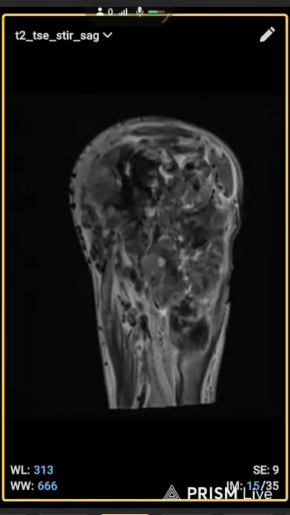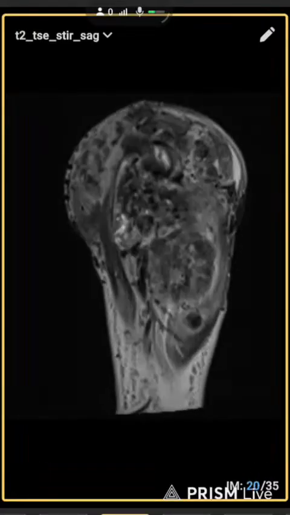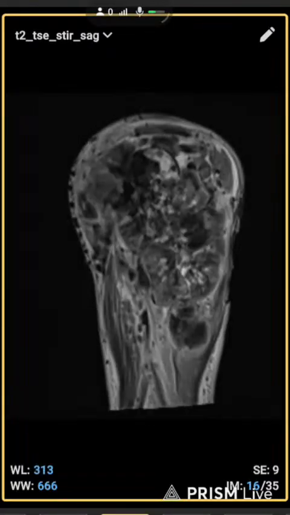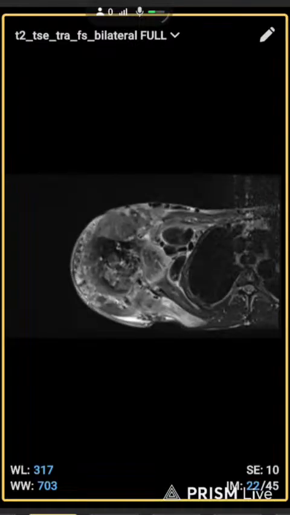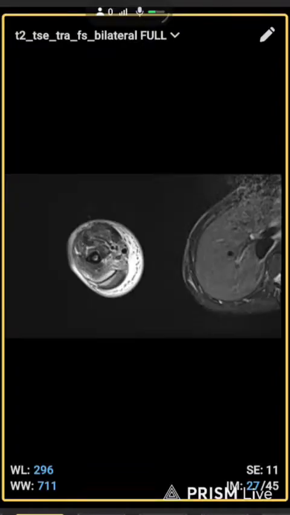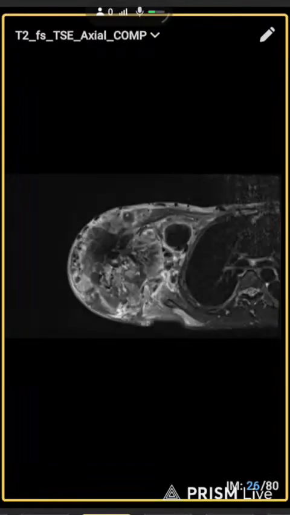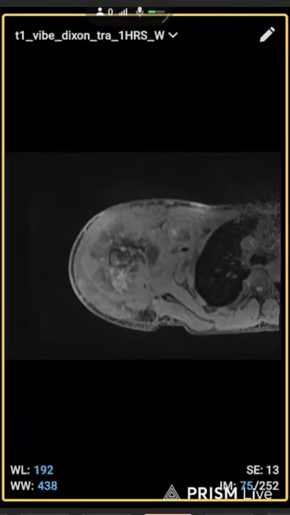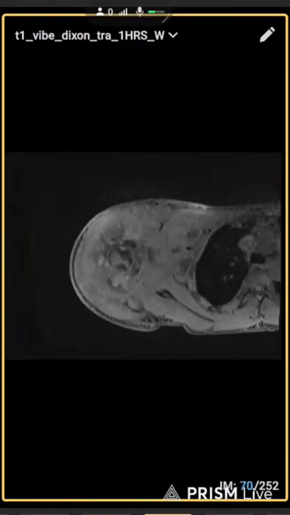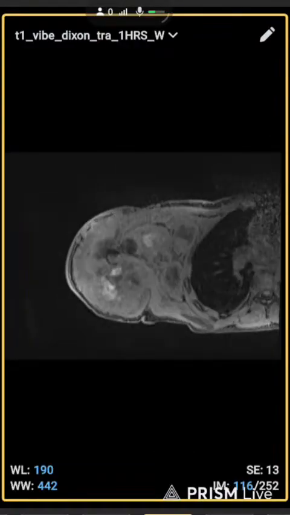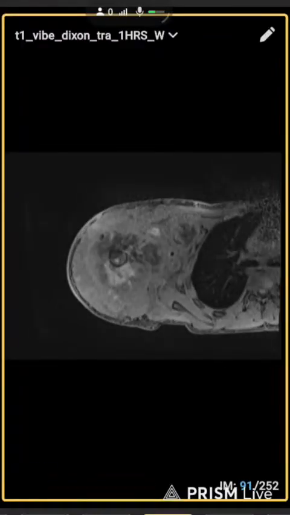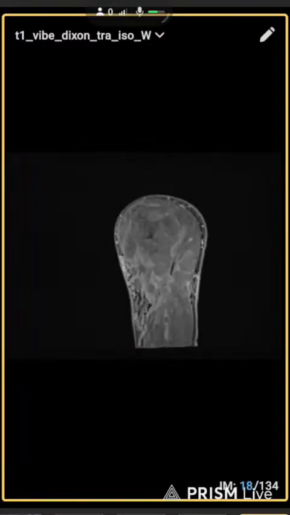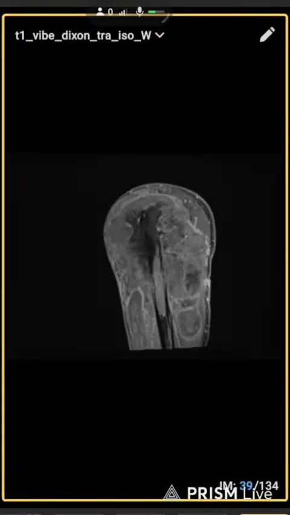This is the STIR sequence. Also this is the T2FS, the same sequence, T2FS, T2FS, this is the T1, T1FS. After the whole sequence we gave the contrast.